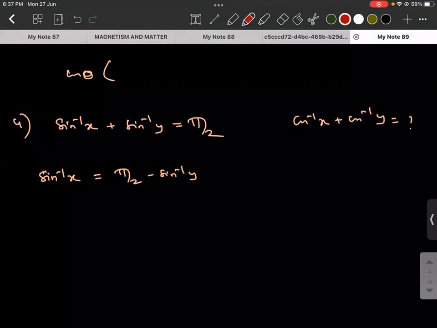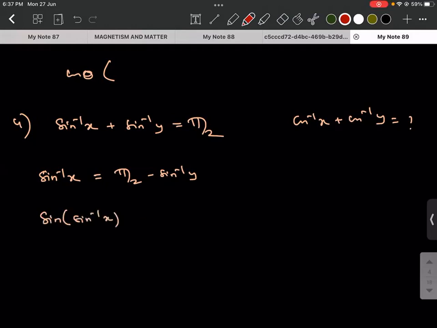If I need to eliminate an inverse, I need to convert the corresponding trigonometric function. So I will take sin of sin inverse x is equal to sin of pi by 2 minus sin inverse y. Correct? So sin of sin inverse x is x. Sin of pi by 2 minus sin inverse y is cos of sin inverse y.